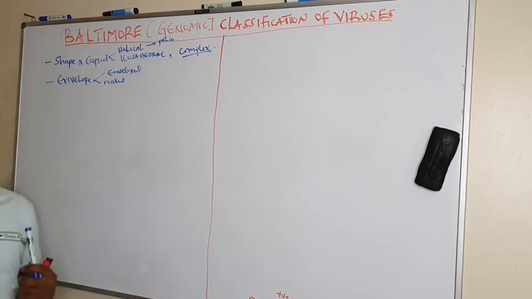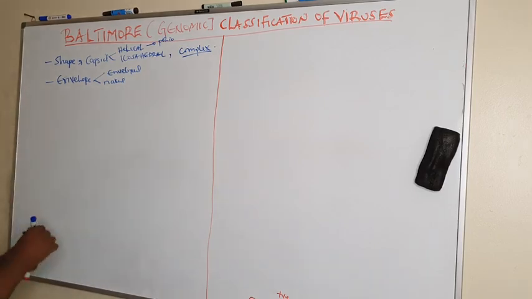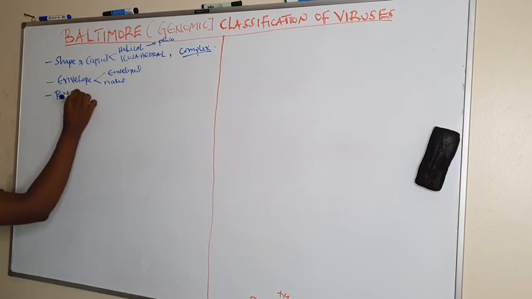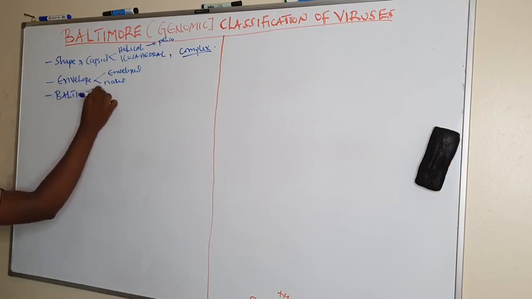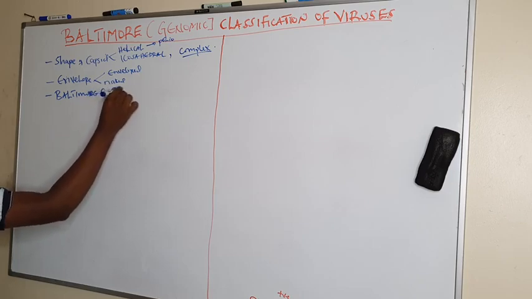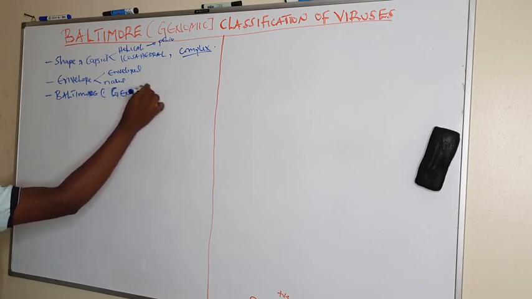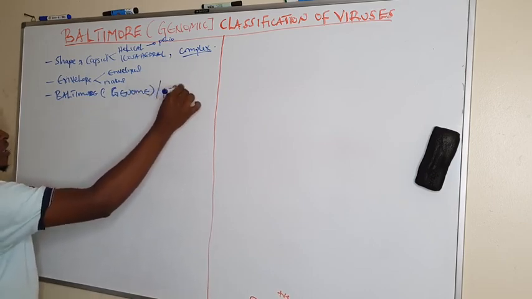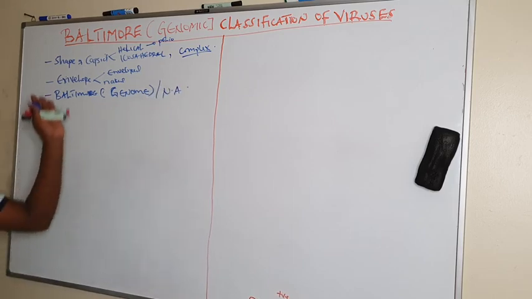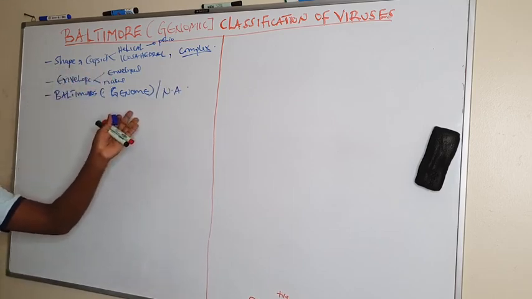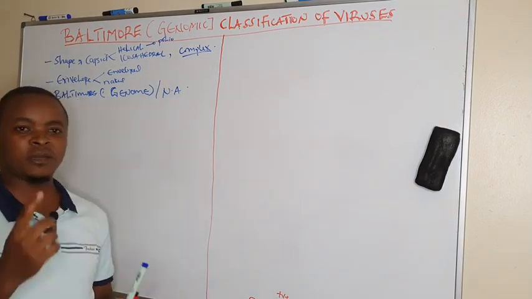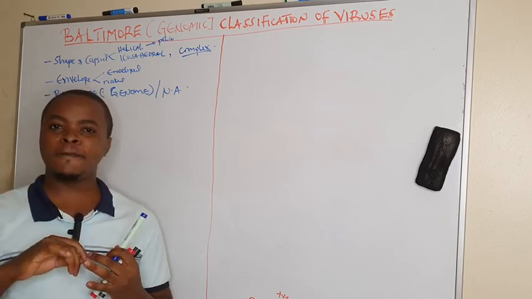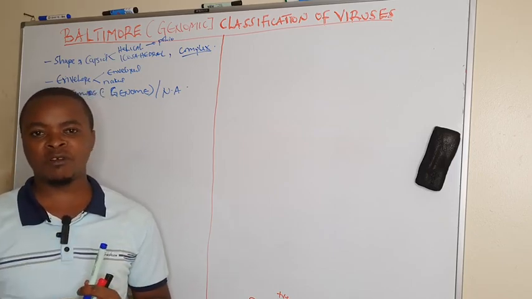So these are different classifications, but in today's session we are aiming at the Baltimore classification, or what we are calling genomic classification of viruses, according to the type of the genome or nucleic acid present in the virus, not by shape or envelope, because we have seen the shape of the capsid can be helical, icosahedral, or complex.